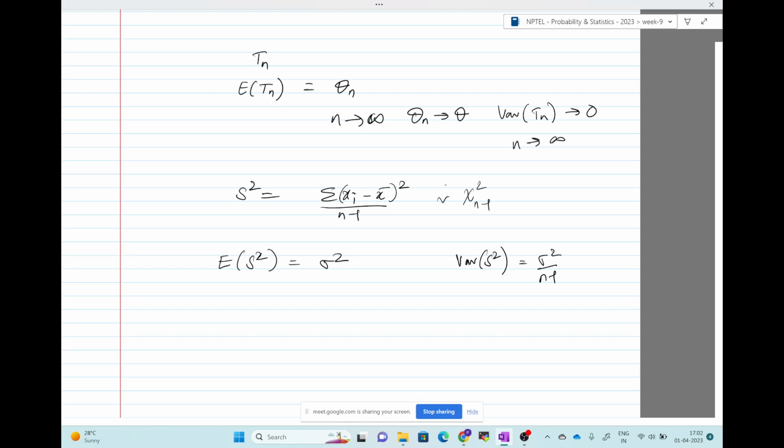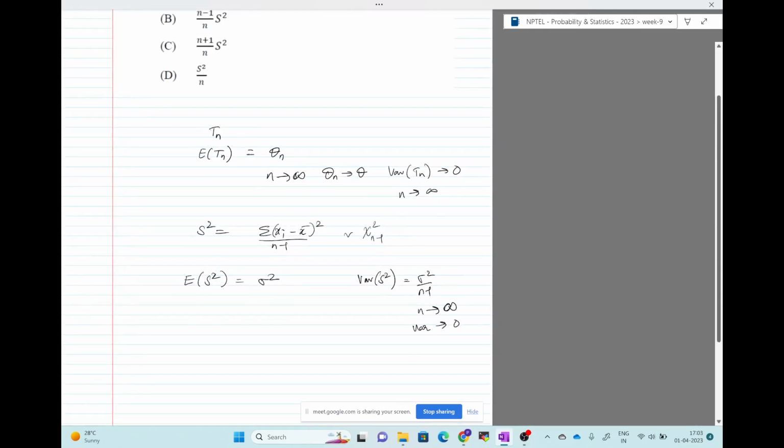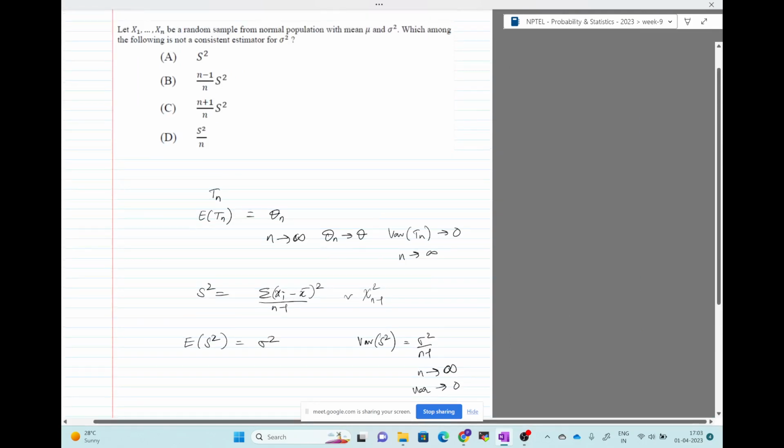Here, as n tends to infinity, the variance tends to 0, right? So you can say this is a consistent estimator.